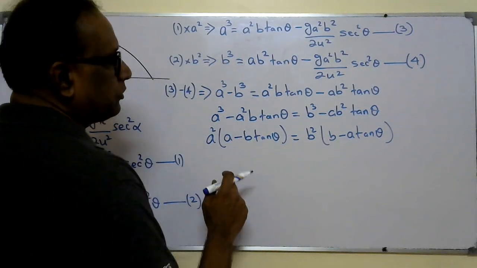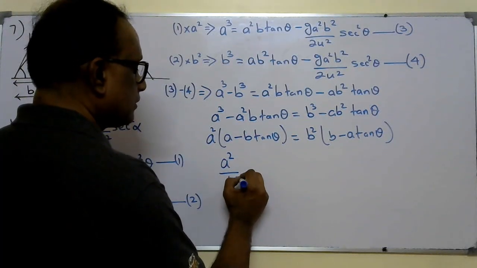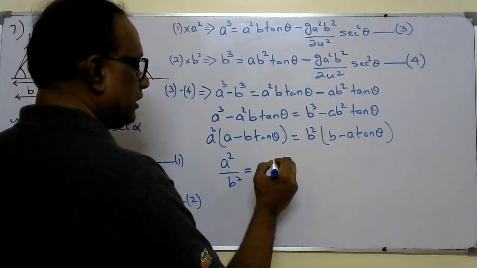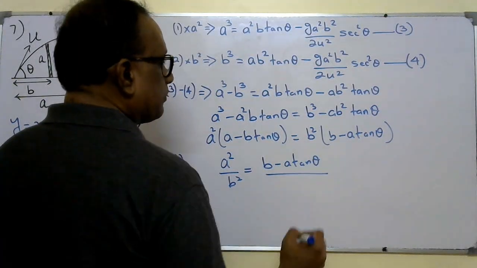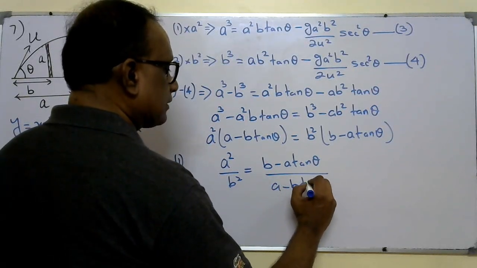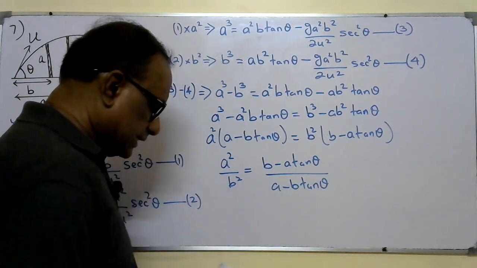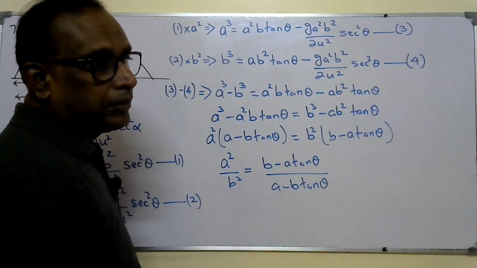So that means here I'm going to get a squared over b squared equal to b minus a tan theta over a minus b tan theta. But the question is the other way, a tan theta minus b, so up and down multiply by minus 1.